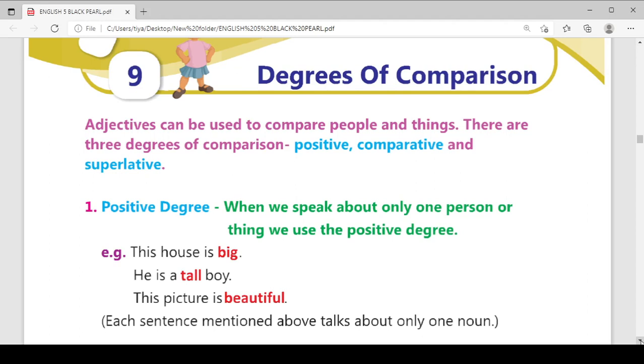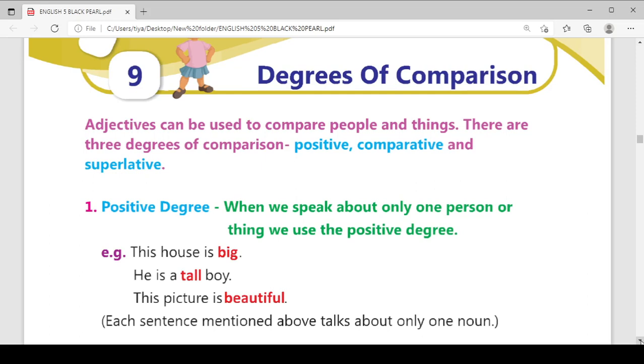Like this house is big, this book is very nice, he's a tall boy, she's a small girl, she's a tall girl. Okay, this route is so long, this picture is beautiful, this scenery is beautiful. Okay, this city is so large. So when we're talking about a single thing or single person, we use the positive degree.